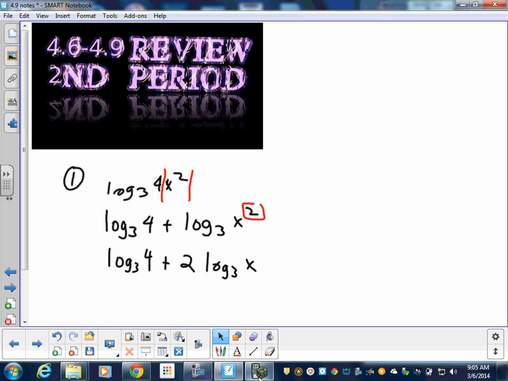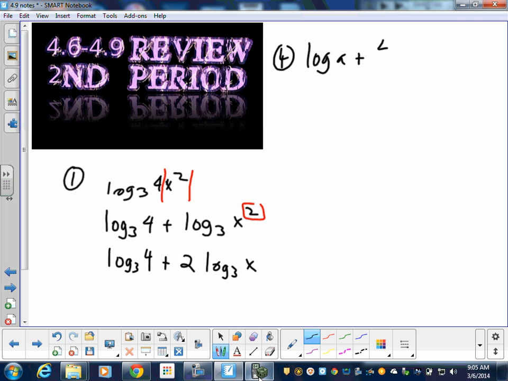Look at number 4. Guys, number 4 says the log of a plus 4 times the log of a minus log of 12. The biggest mistake that people make with this stuff is they don't apply those rules that we talked about.